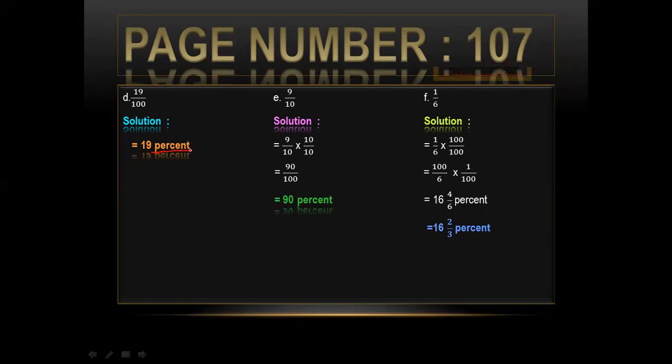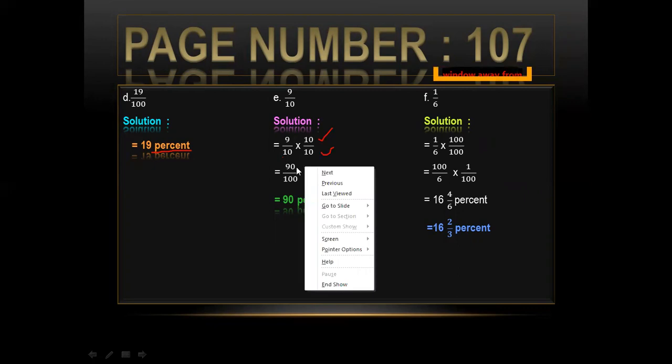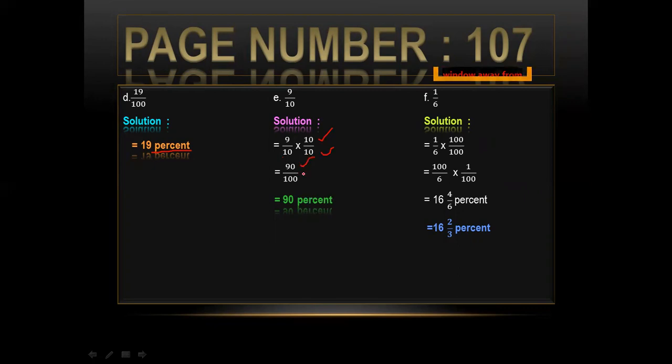The numerator will be unchanged, and instead of the denominator we write percent. Part E, 9 over 10, multiply and divide it by 10. 90 over 100, 90 will be the same, and we replace the denominator with the word percent. 90% is our required answer.